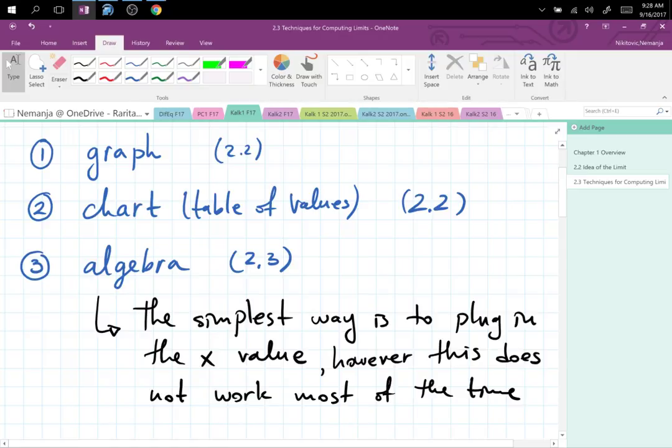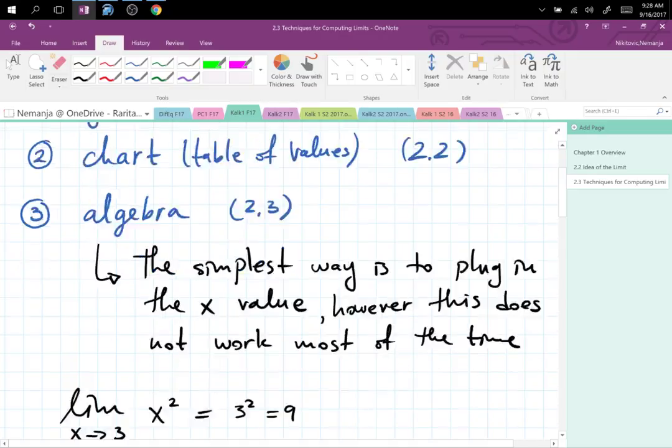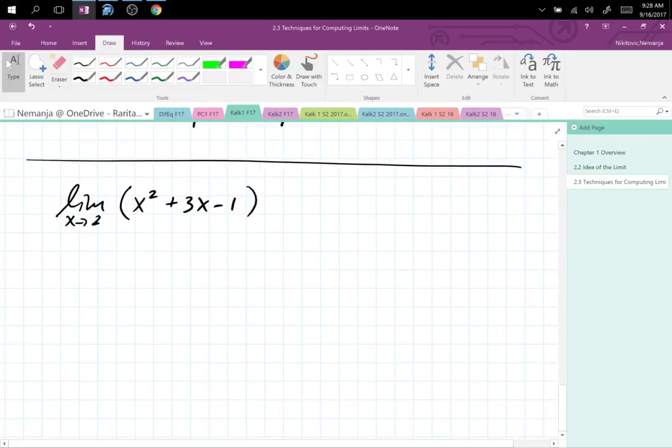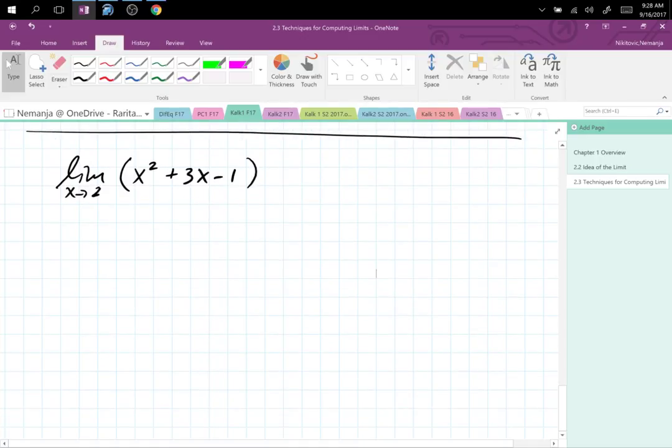The first and simplest way to try to solve a problem is to plug the value in. If that works, we are done. Well, in this case, plugging 2 in works, so we're done. 2 squared is 4, plus 6 minus 1. The answer is 9, and we walk away. So solving polynomial limits is cheap and easy because you will be able to plug in every time.